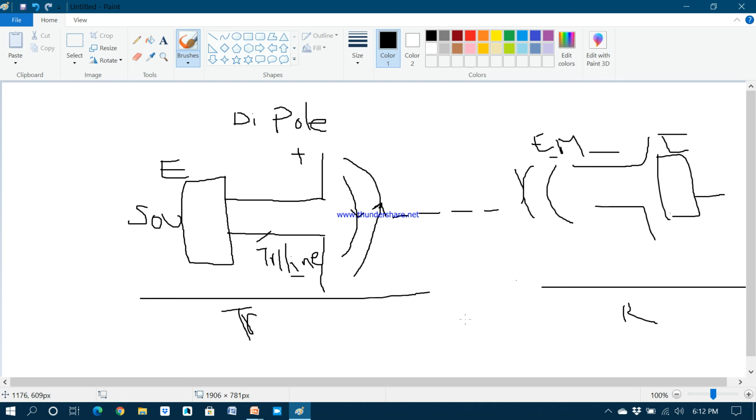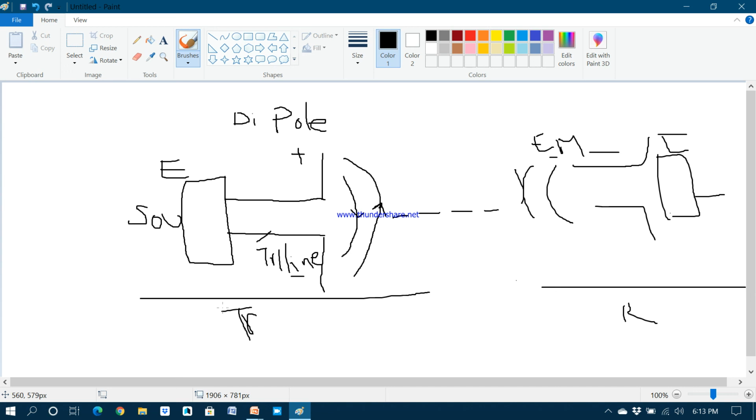So there are many definitions for antenna. These are some of the definitions. If you go through different textbooks on antenna and wave propagation, you may find different definitions. These are some of the definitions we have encountered up to now.